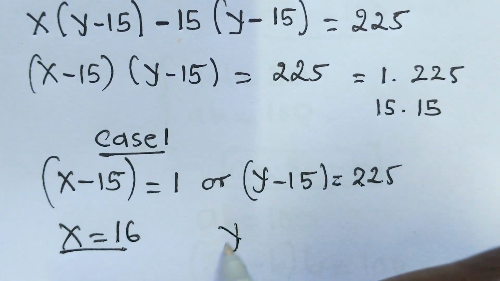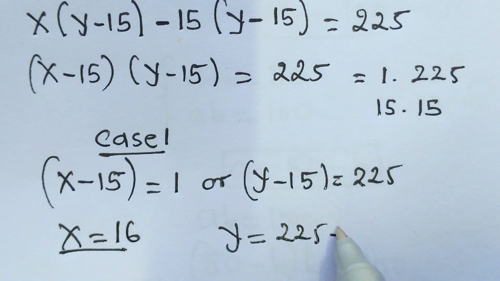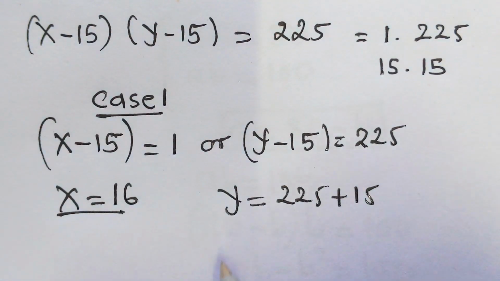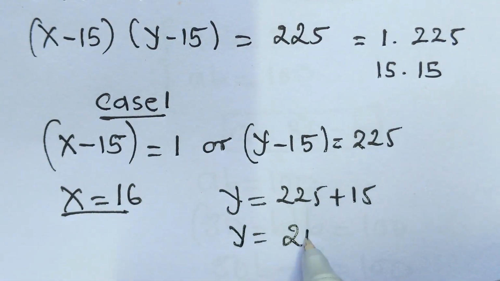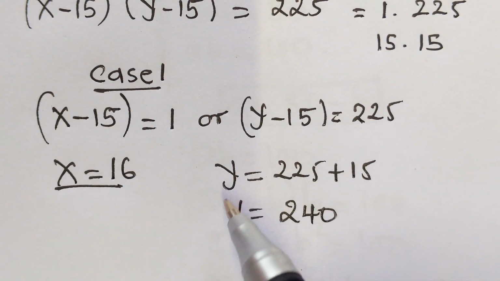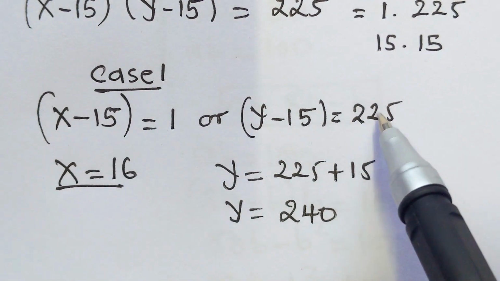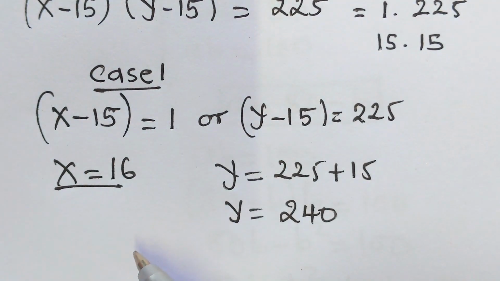Then y will be 225 plus 15, so y will be 240. Whatever we can do, we can take x as this one or y as equal to 1.